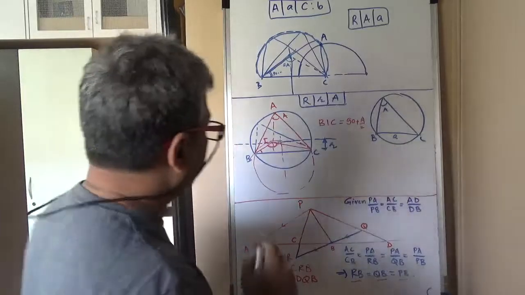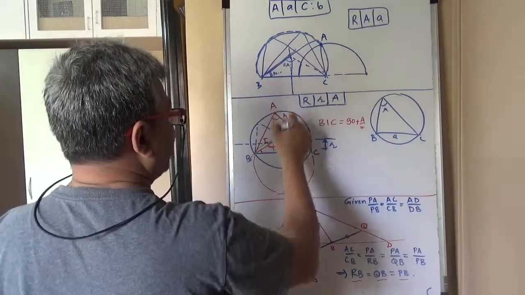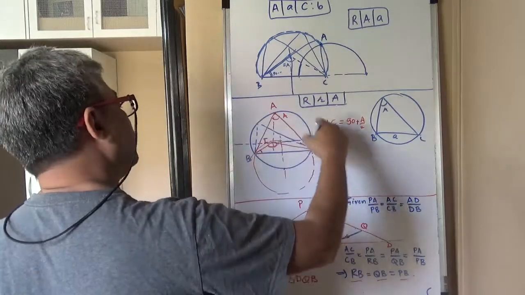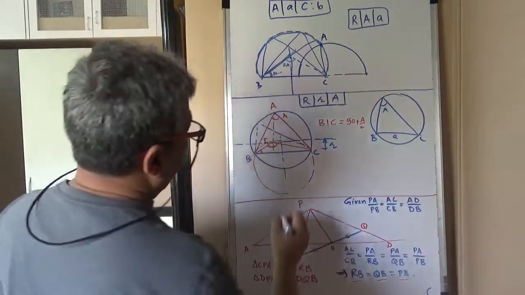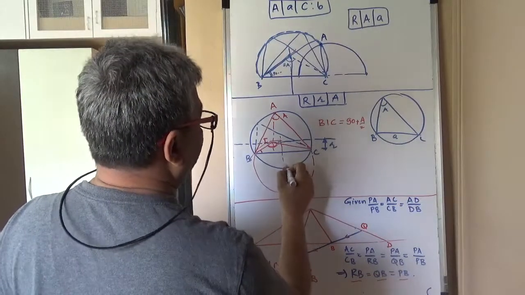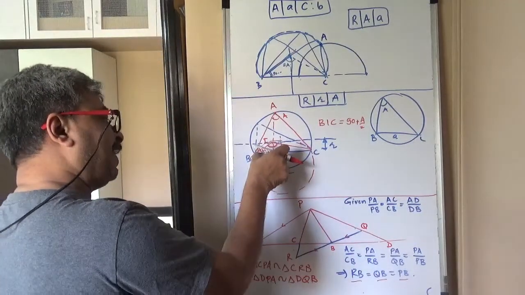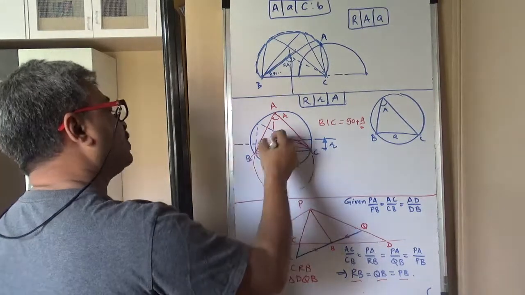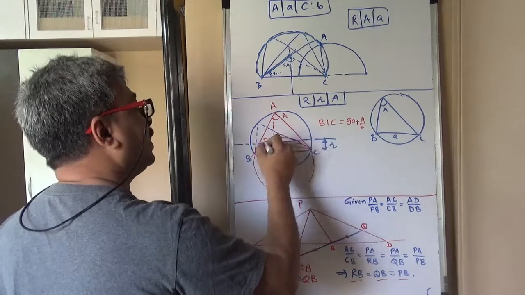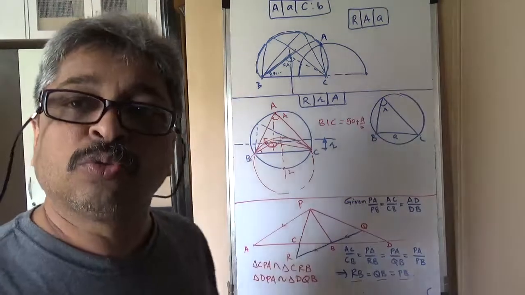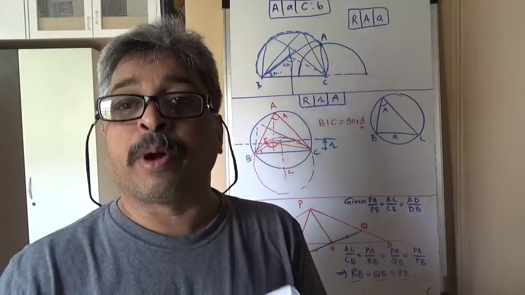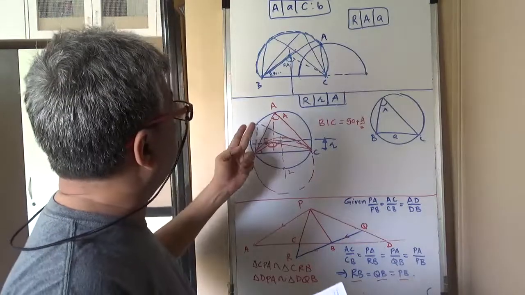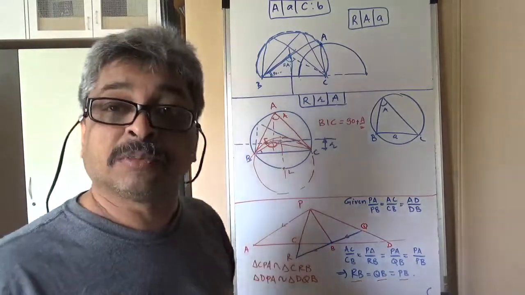If we remember the property that the internal angle bisector of A, the perpendicular bisector of BC, and the circumcircle of ABC will be concurrent at L. So you take L as a center, take LB as a radius, and draw an arc, which will intersect this horizontal line at 2 points, and those 2 points are going to be your probable incenters. Once you get incenter I, you copy that angle to the other side to get A on the circumcircle.